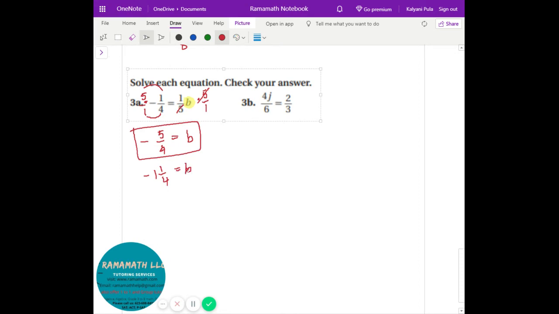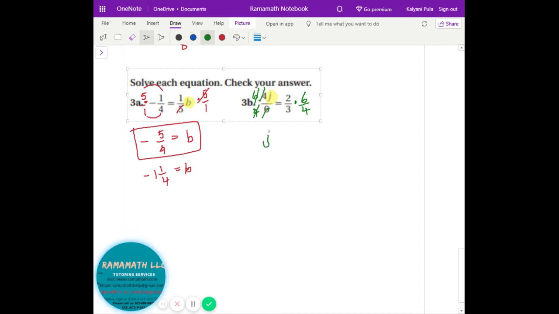Okay. So that's the first one. And the second one, I see the letter first. This is right here. I have a 4/6, so I'm going to multiply by 6/4. Okay. So you can cross out 6. 6 goes in 6 one time, and 4 goes in 4 one time.